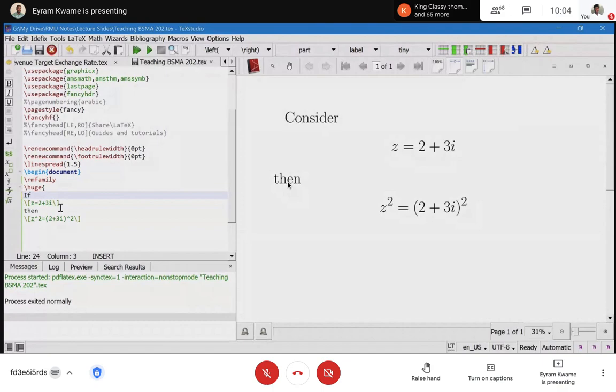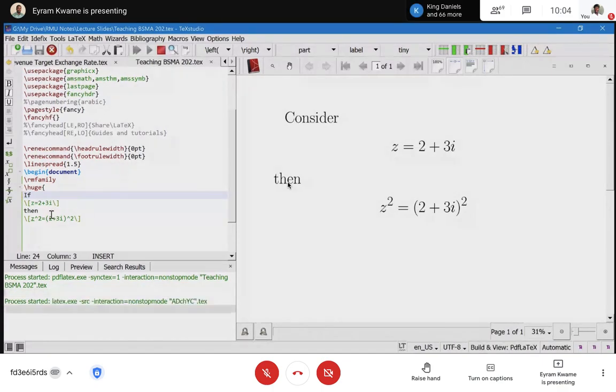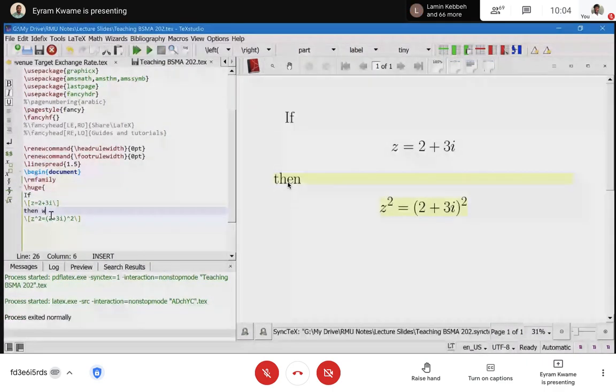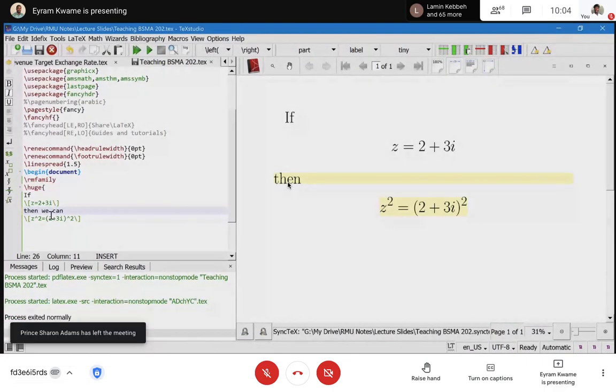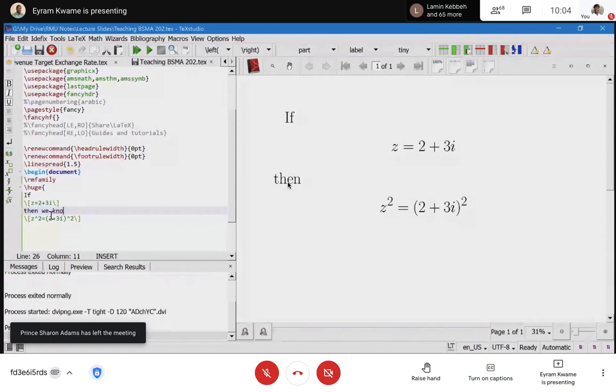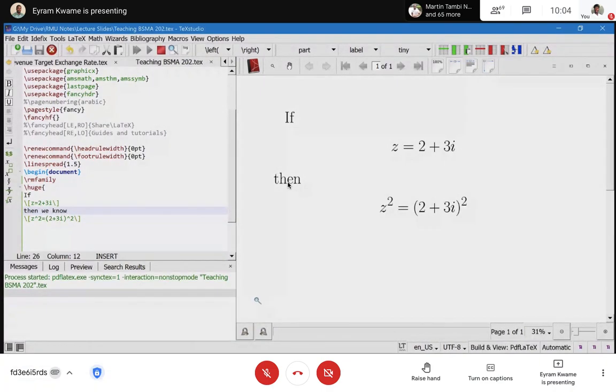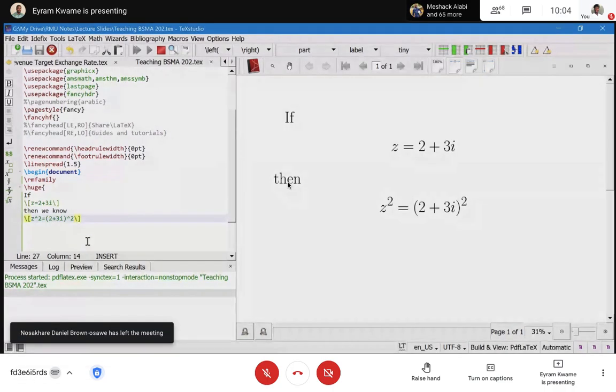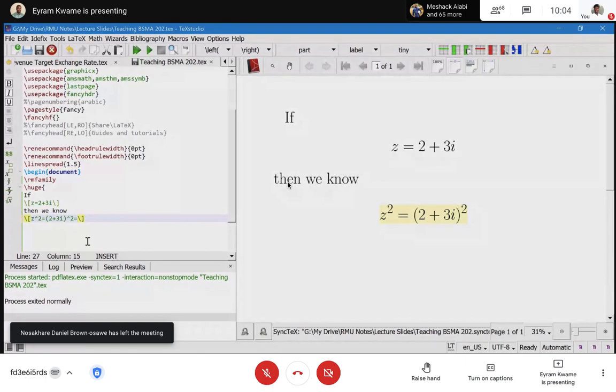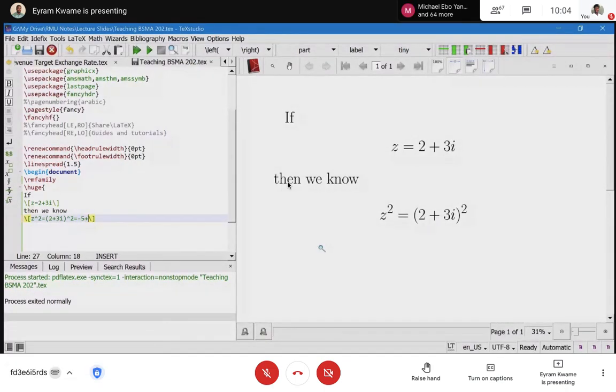This can be expressed as 2 squared minus 3 squared, so you have negative 5 plus 12i.